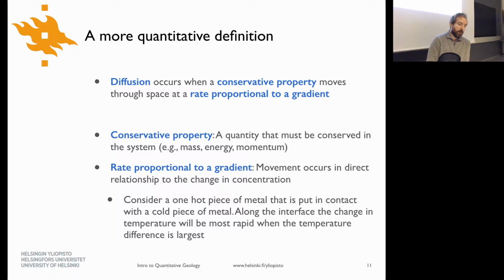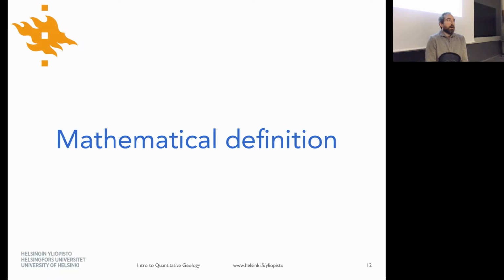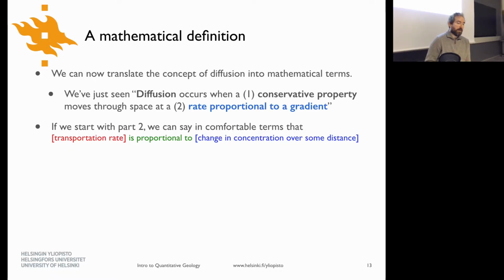So this is our slightly more quantitative definition, and now we're going to take the next step and look at the mathematical definition. So this is where we can take this rather, I would say, somewhat intimidating definition and convert it into some mathematical terms that might be a little bit easier to understand, and certainly something that we could more easily manipulate in Python.